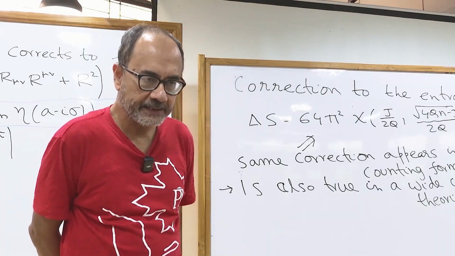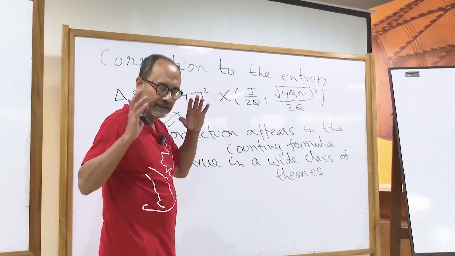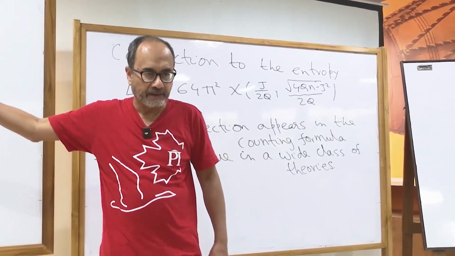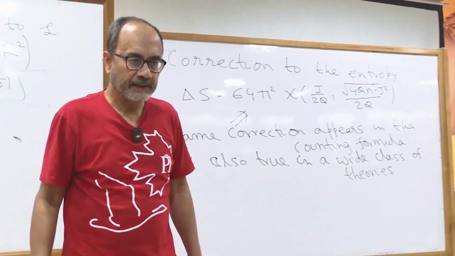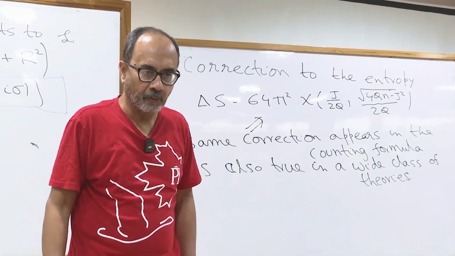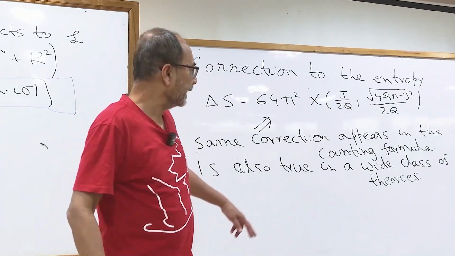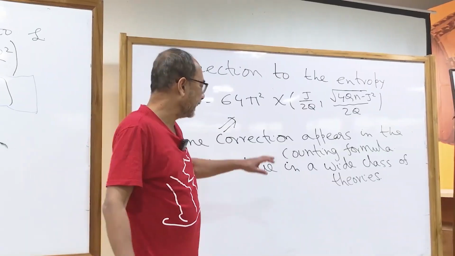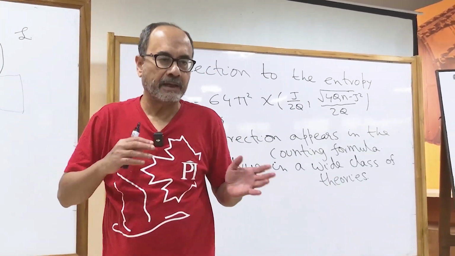For all those cases, this function phi is different from the gravity side, you get a different kind of connection, but the microscopic counting formula is also different. And when you expand the microscopic counting formula, you get exactly the same function as you get from the gravity side. But the function for chi itself is different, both from the microscopic side as well as from the gravity side.